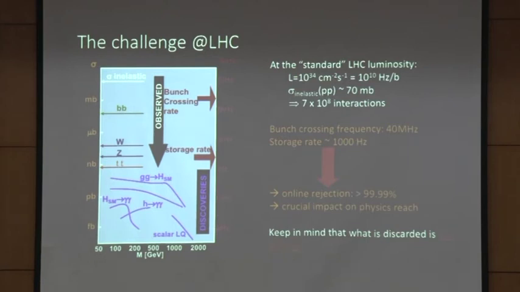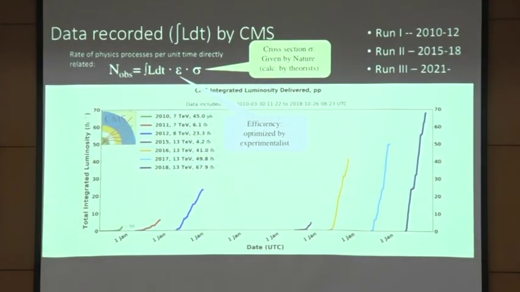So I want to filter that way, and depending on the final state, we try to keep all the interesting events from here to here into the storage disk. And remember that if I miss it from the trigger system, I cannot go back. If I somehow missed one event from here, I can never go back and collect it. Whatever I have stored, I can do offline analysis and always figure it out and see whether it mimics some signature that I'm looking for.